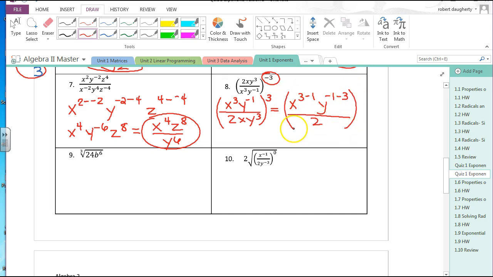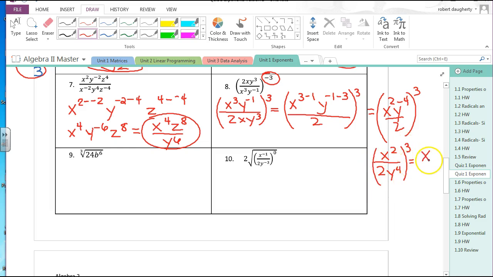All of that is cubed. So this is x squared, y to the negative 4th over 2. All of that is cubed. And I'm going to continue down here. This is x squared over 2y to the 4th, cubed. So when I cube all of that, I get x to the 6th over 8y to the 12th is my final answer.